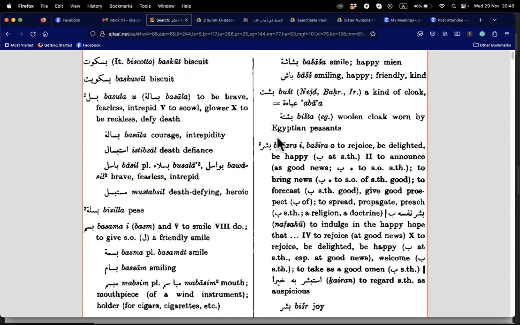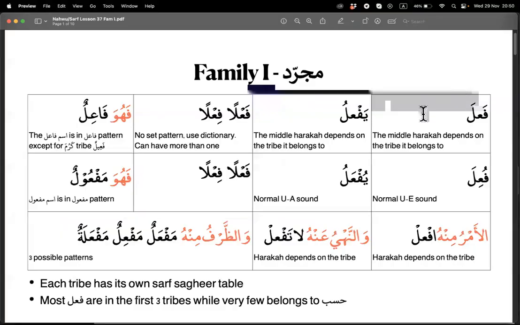We are here at ba shin ra. The root letters here are ba shin ra. How to read this is that they give you the madi first, so the madi is basharo. The mudhari is marked with a kasrah on the middle letter, the ain kalimah.